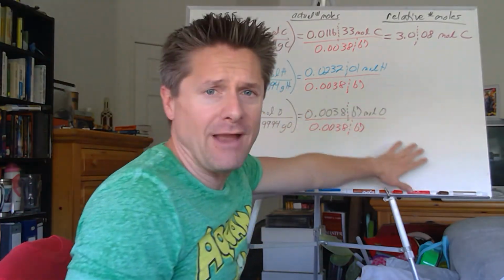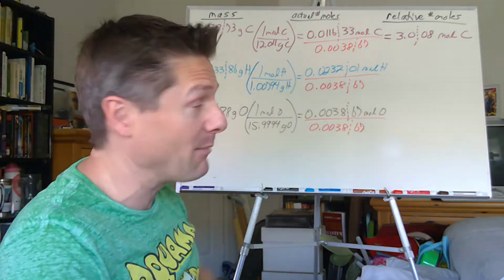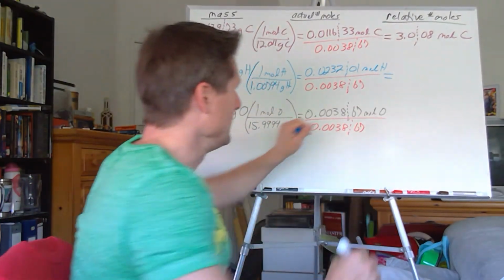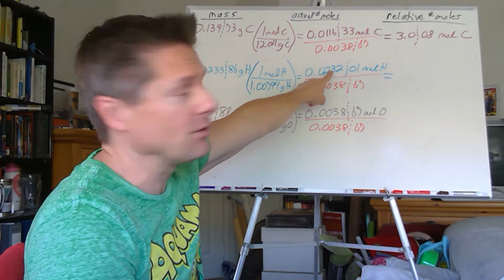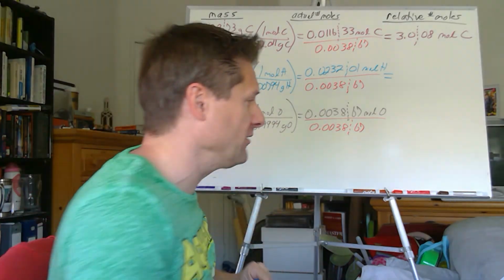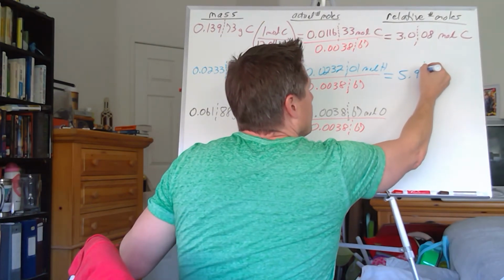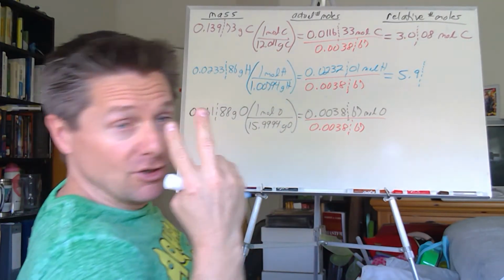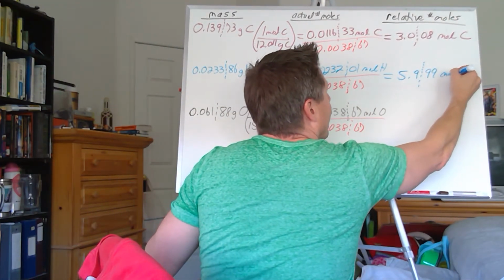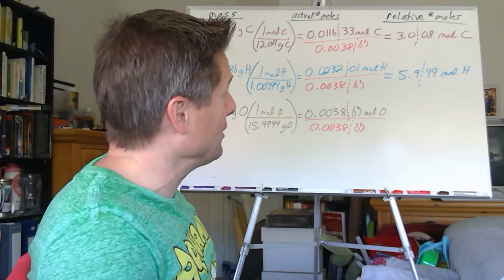We might end up with a third or half integer on one of the other ones, so don't round that to 3 yet. We might have to multiply that by some kind of integer. Let's do the hydrogen: 0.023201 divided by 0.003867, good to 2 significant figures. So for hydrogen, I get 5.9, vertical dash line, good to 2 sig figs, 5.999. That looks pretty darn close to 6, so things are looking pretty good.